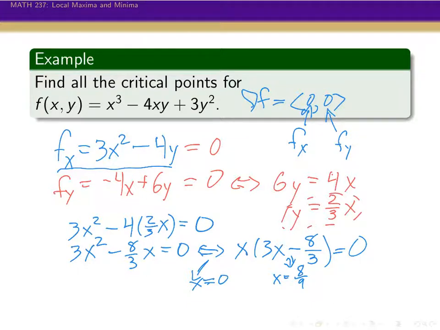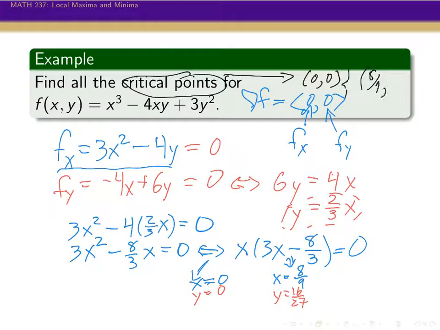So 2/3 times 0 is 0. 2/3 times 8/9 is going to be 16/27. So our two critical points are at the point 0, 0, and at the point 8/9, 16/27. Okay, so that's how we find the critical points.